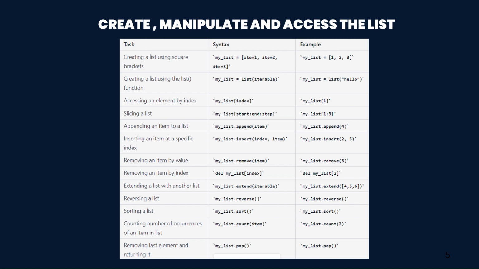Then comes accessing an element by index. To access an element by index, we just have to write my_list and in brackets we write 1. I will tell you what indexing is in detail at the end of the video, because I will give you examples. Roughly, in the first example the elements are 1, 2, 3. 1 will come at index 0, 2 at index 1, and 3 at index 2.